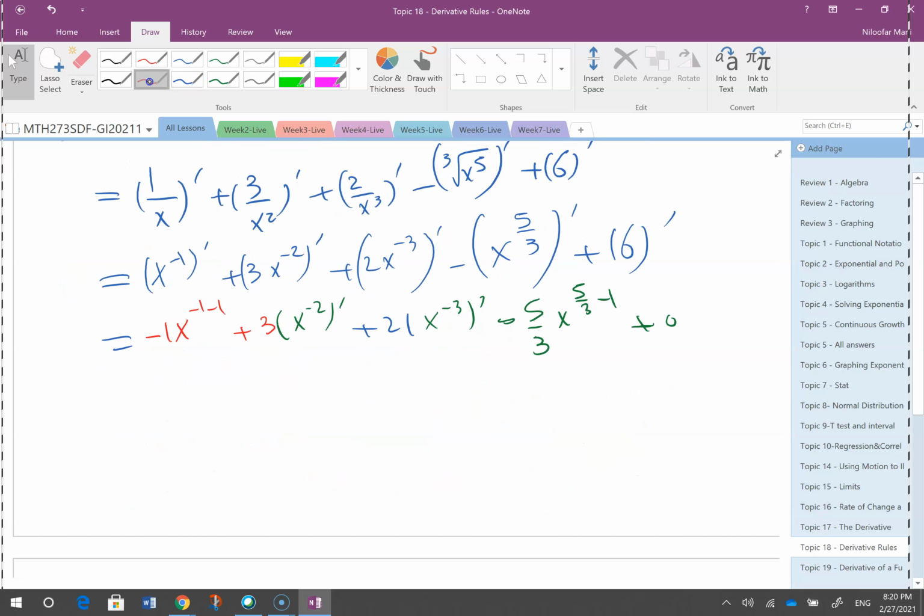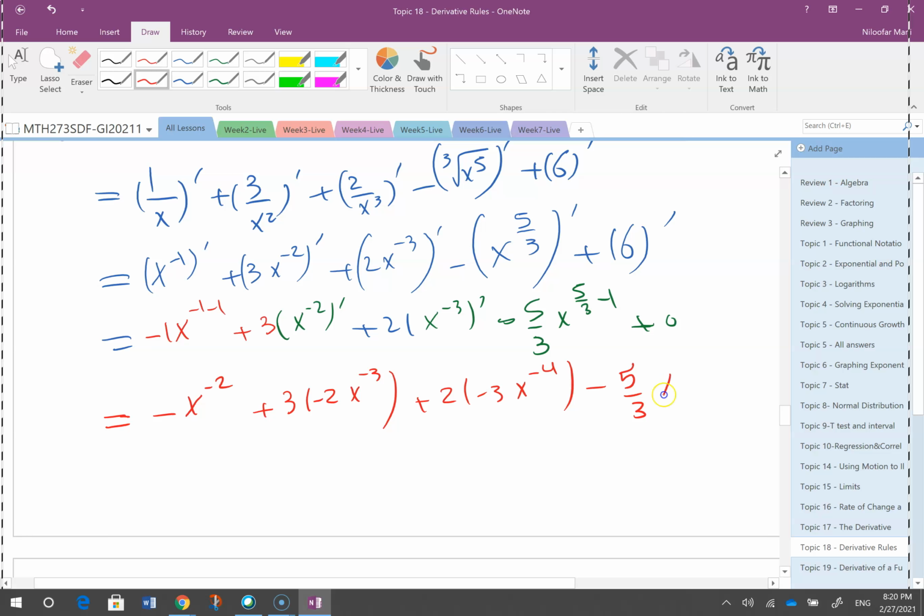Step by step, here this is minus x to the power minus 2, plus 3 times minus 2 x to the power minus 3, plus 2 times minus 3 x to the power minus 4, minus 5 over 3 x to the power 5 over 3 minus 3 over 3, which is 2 over 3.